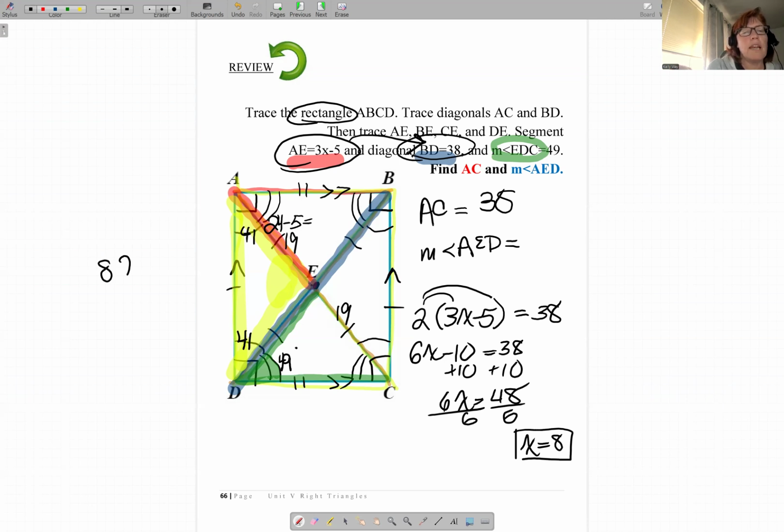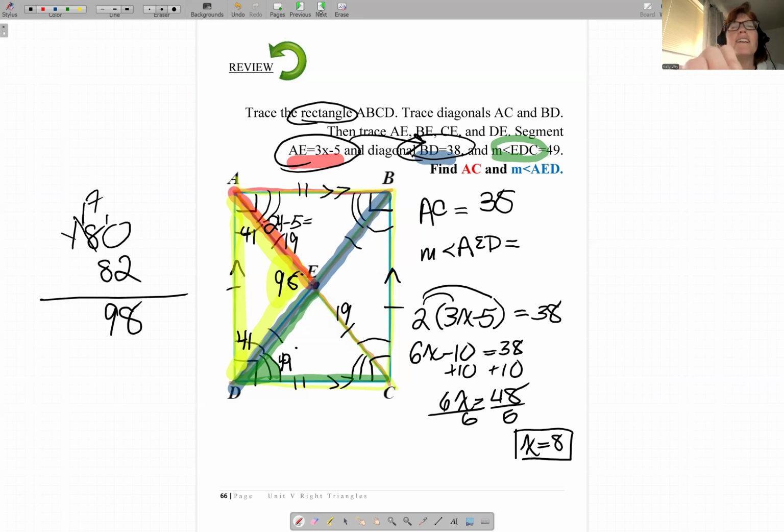We add that, that's 82. Take away from 180, and you are going to get 98. So that's going to be 98, right there.